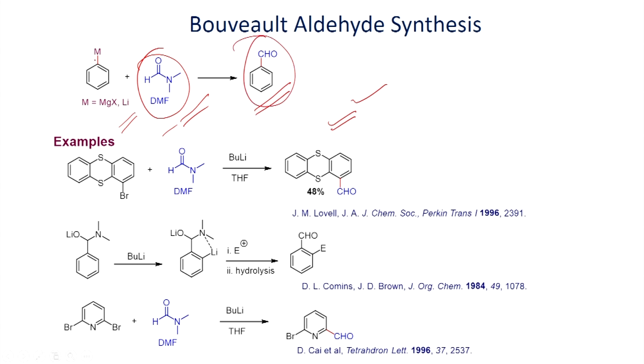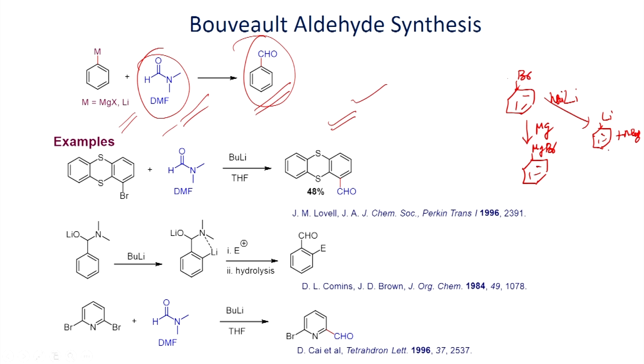If you have, for example, bromobenzene, you can react it with magnesium to make the Grignard reagent, or you can try to react with lithium, for example n-butyllithium. That is halogen-metal exchange, and then you will be able to form the phenyllithium.